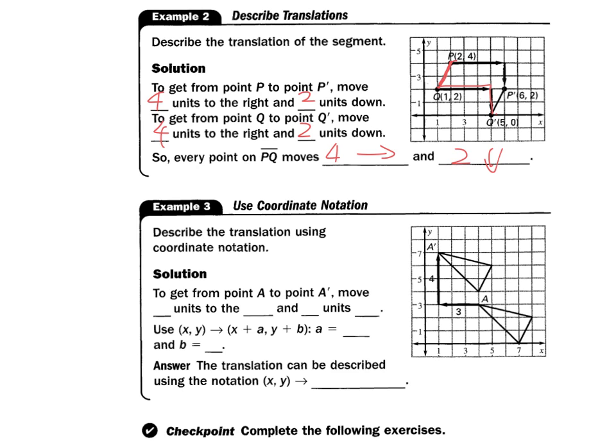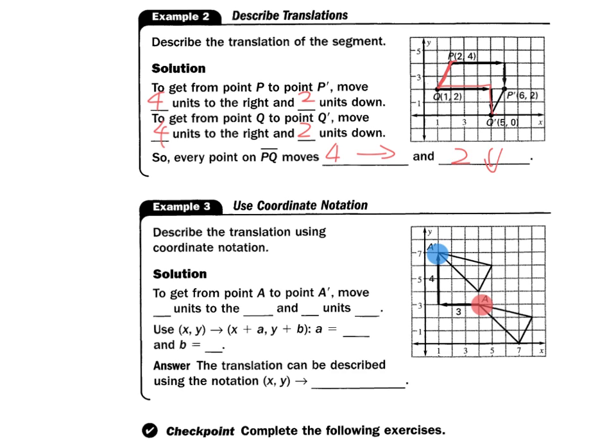That concludes that. Now, how do we describe that in a more mathematical way, in a generalized format? So let's look at example 3. Here we have a point, and the point is right here. It's not very easy to see. And then we have to move that point to this new point, A prime, right there in blue.